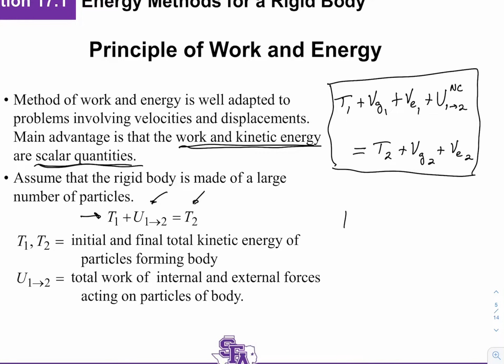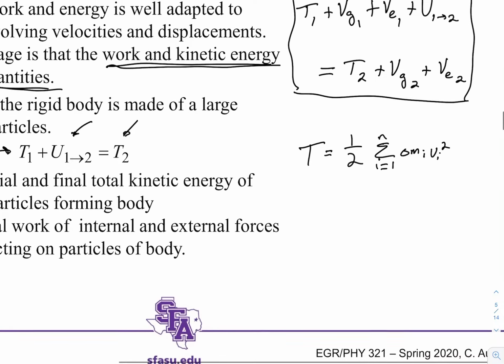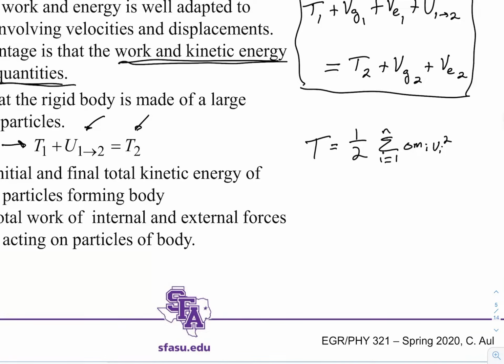So this is the main relationship that we have worked with, and we can apply this to rigid bodies. The kinetic energy of a body comes from the systems that we work with, where the total kinetic energy is equal to 1/2 the summation over all the particles in your system. In this case, these are the particles that make up your rigid body.